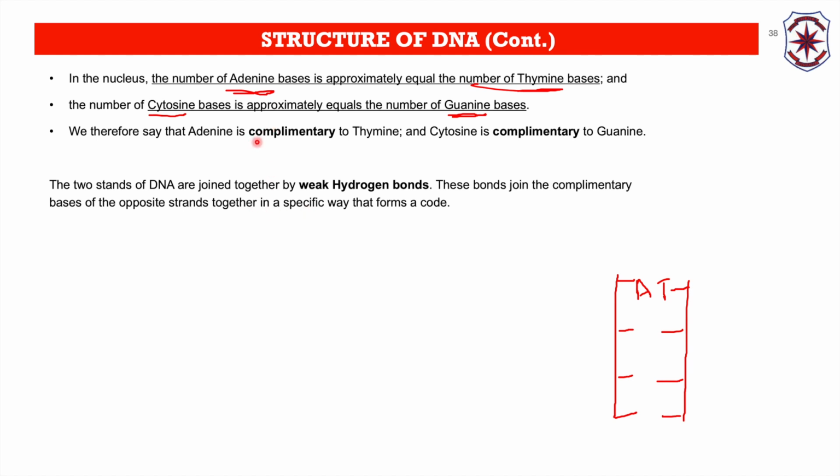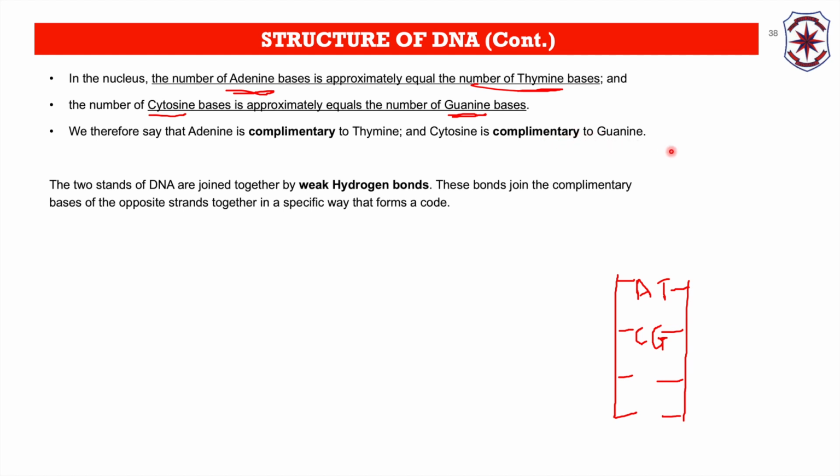Why? Because like we said, adenine is complementary to thymine, okay? And if you have a cytosine nitrogenous base on one strand, the opposite strand or the complementary strand would have a guanine. Why? Because we said cytosine is always complementary to guanine.